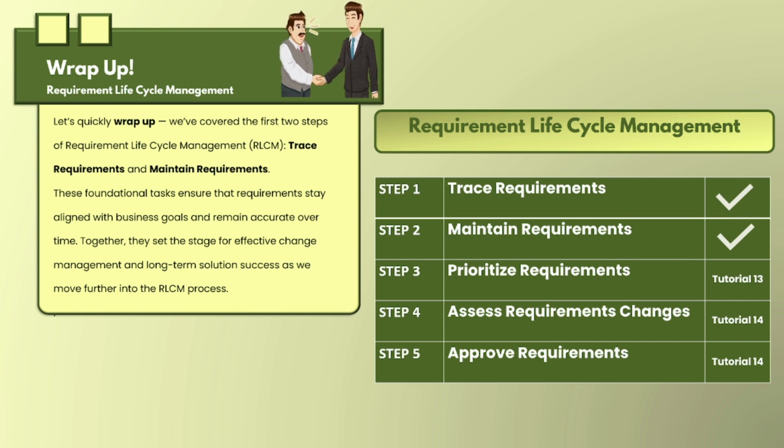Together, they set the stage for effective change management and long-term solution success as we move further into the RLCM process. I guess by now you should have a clear understanding of how to trace and maintain requirements effectively. The ultimate goal is to ensure that developers receive precise and actionable requirements for building the software, while stakeholders receive a solution that truly meets their expectations.